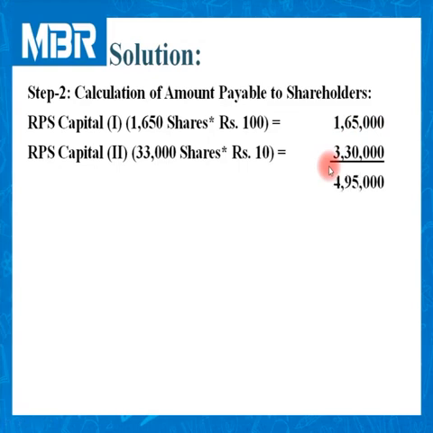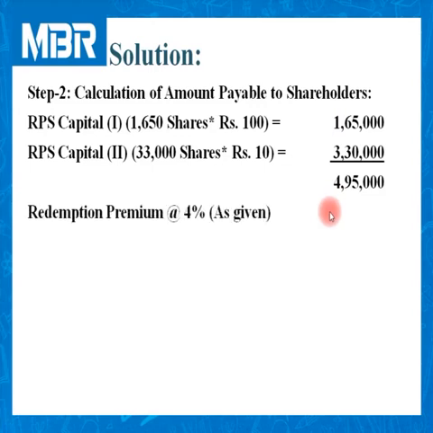So total share capital inclusive of RPS category 1 and RPS category 2 amounts to rupees 4,95,000. As per information, we need to redeem these RPS at 4% premium. You can check the information given in the part of additional information. That is the second part of our question.